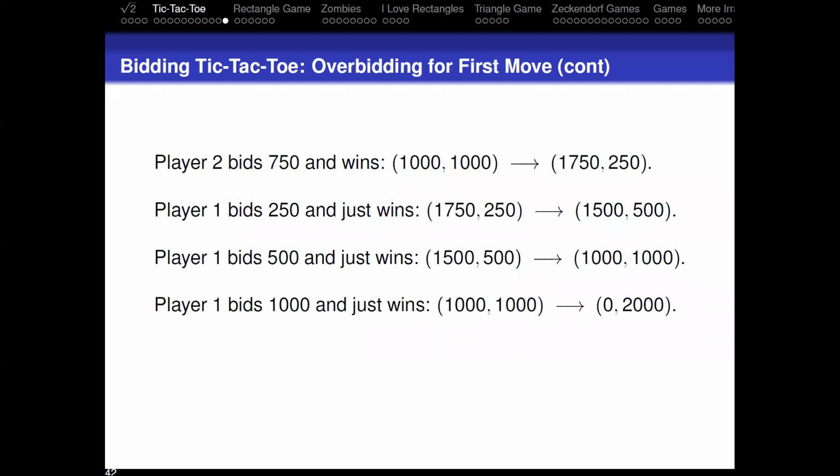So you could go through and figure out what you would do if they have to rebid on a tie, and then you would need them to bid maybe a little bit more than $750 in order for player one to guarantee that they can get the next three turns.